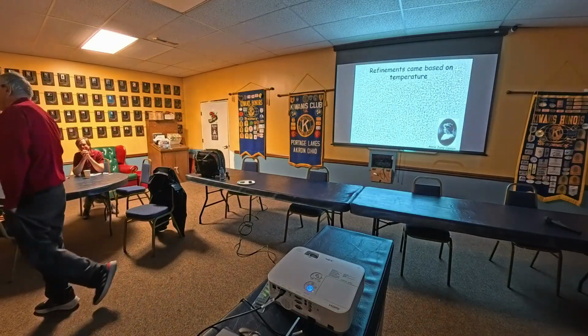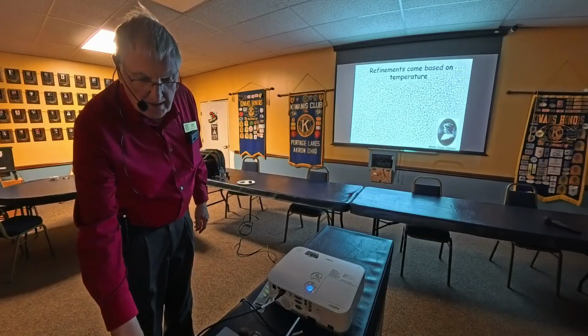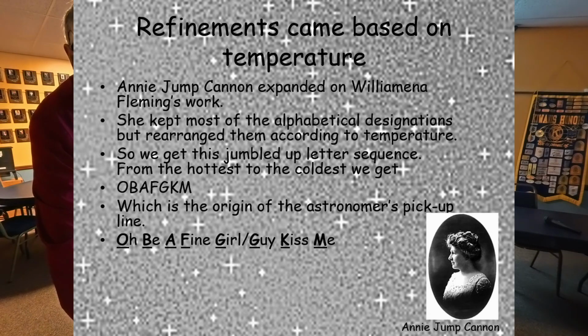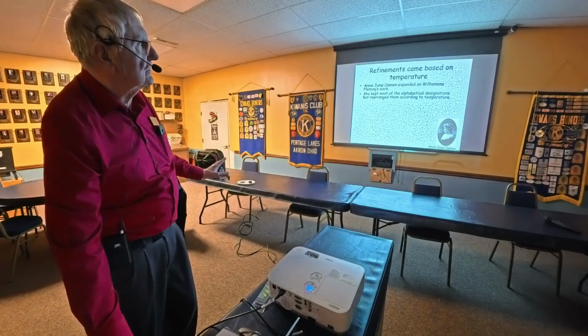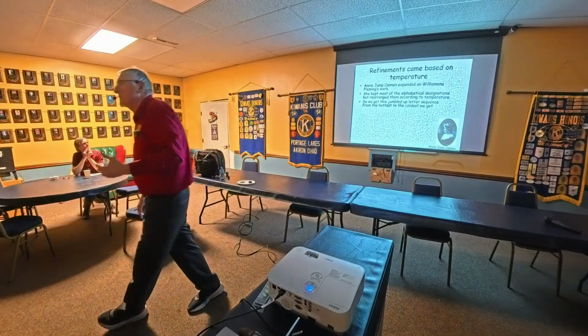enter Annie Jump Cannon. Annie Jump Cannon was one of the Harvard computers, but she realized that temperature was much more important than the strength of the hydrogen lines. So they rearranged everything. She kept the initial designations and rearranged things according to temperature.